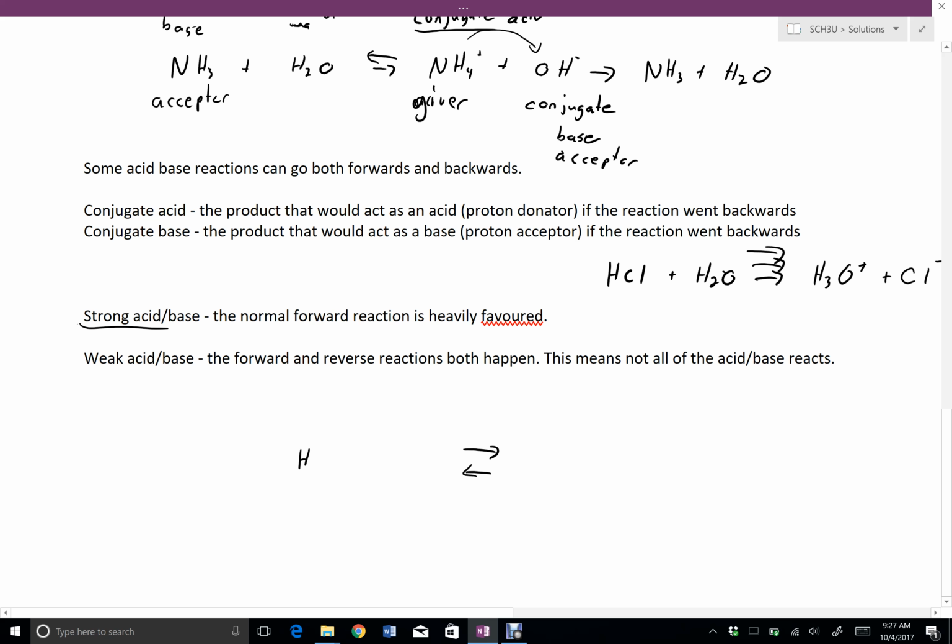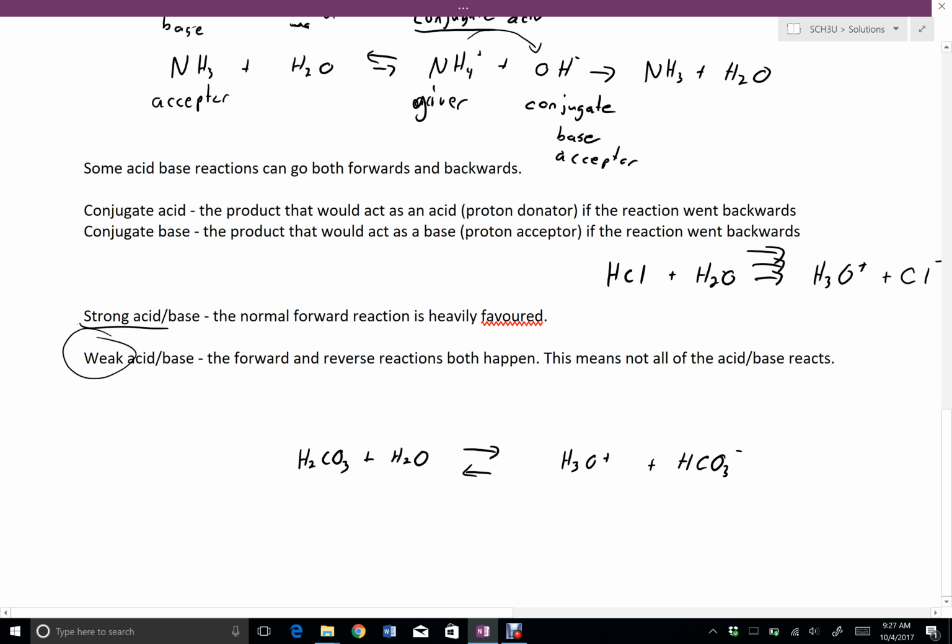If I take something like H2CO3 and I put it in water, it can become H3O plus and HCO3 minus, but it doesn't totally like to live like this. It will also go backwards. We call that a weak acid, and the two reactions sort of balance each other out.